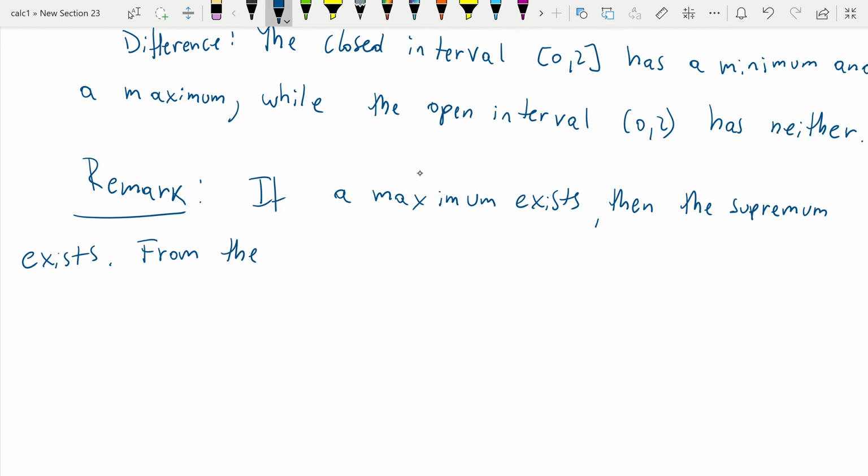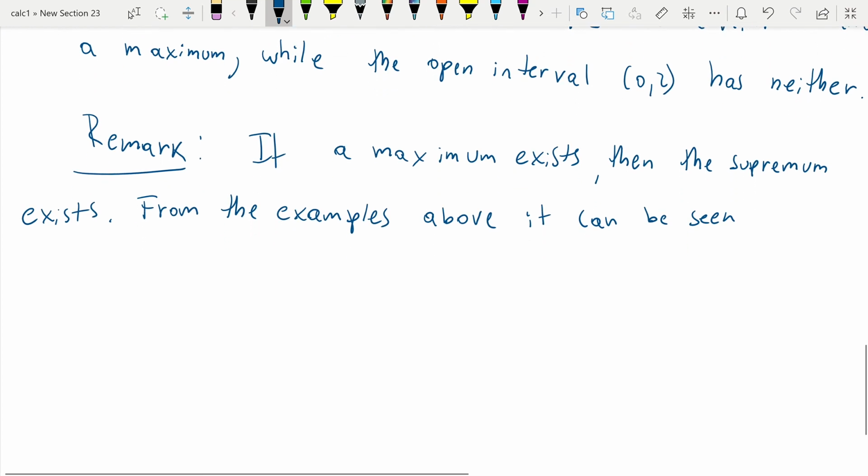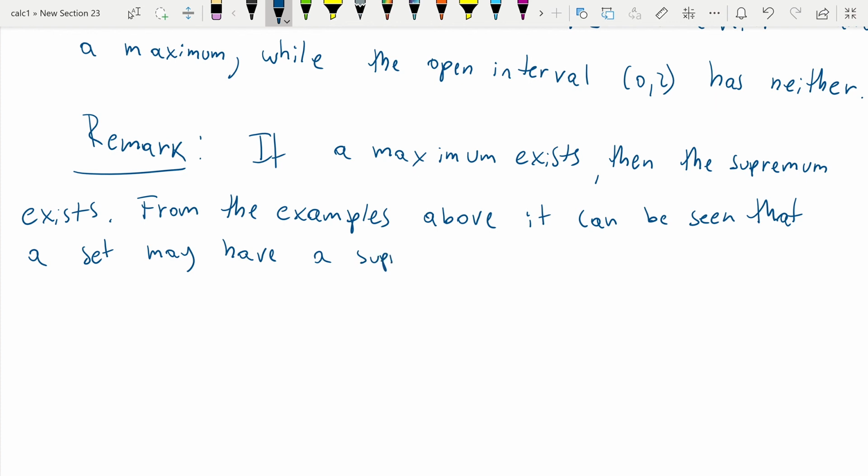From the examples above, it can be seen though that a set may have a supremum but not a maximum.